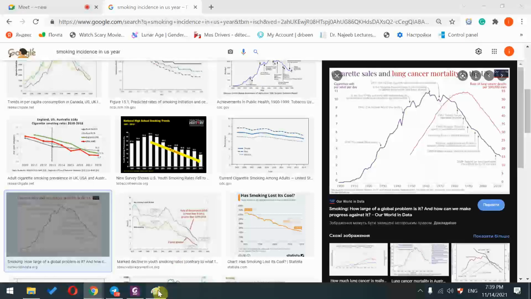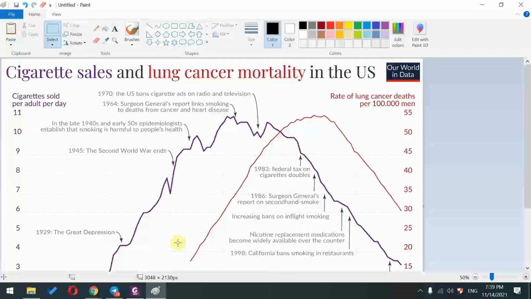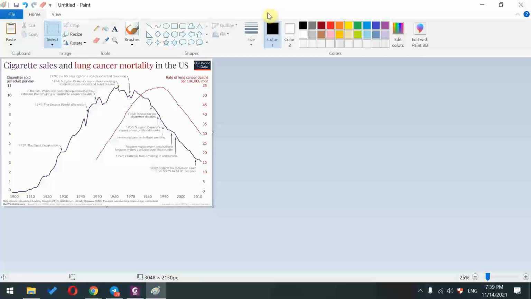Take a look here, guys. So, of course, we are speaking about the US. You are doing the USMLE exam. So take a look here. If you notice, people now are smoking less. In the beginning of the previous century, you can see the smoking level, like cigarettes sold to adults per day, and it was like less than one cigarette, and it started to increase until the 60s, where everybody used to smoke. 60s and 70s, everybody used to smoke, do cocaine, and everybody was happy.